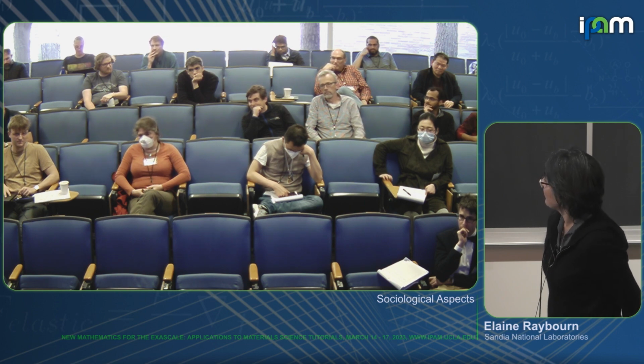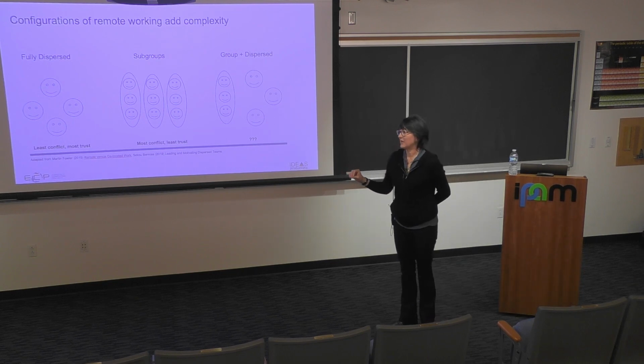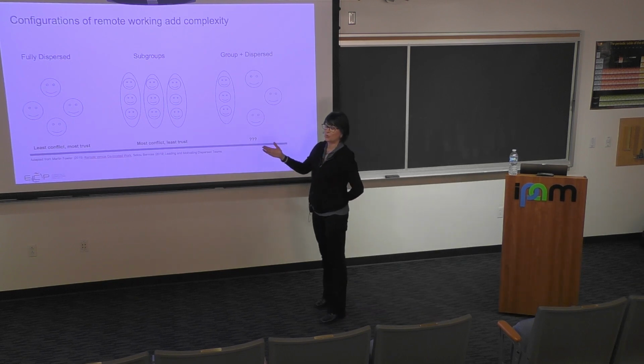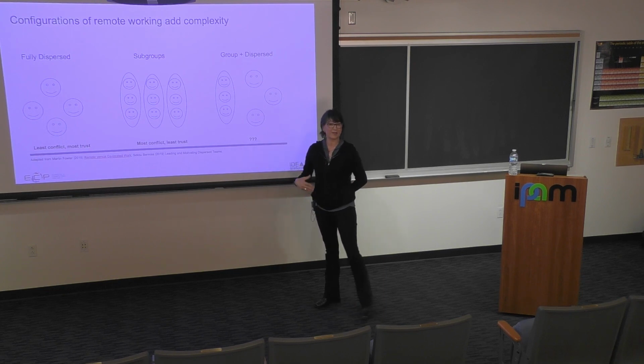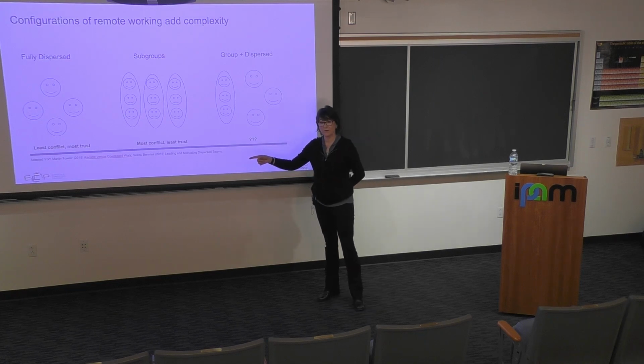I'm not sure that this was actually posed for progress. But I think the point the researcher is trying to make is that in terms of thinking about trust, it might be counterintuitive that a remote first configuration can be the one where there's the least amount of conflict.